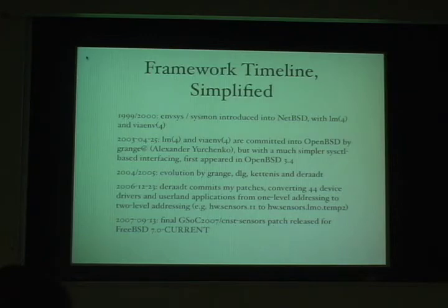It has been backed out of FreeBSD because Poul-Henning Kamp objected to certain features of the framework, and his main objection was that sensor drivers shouldn't be in the kernel per se. But some sensor drivers which are actually present right now in FreeBSD are in the kernel.